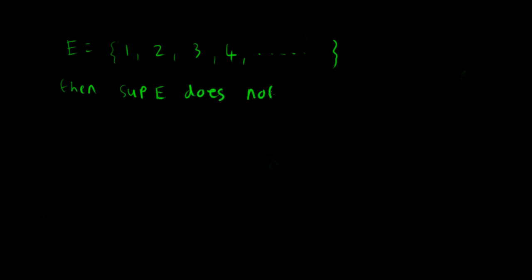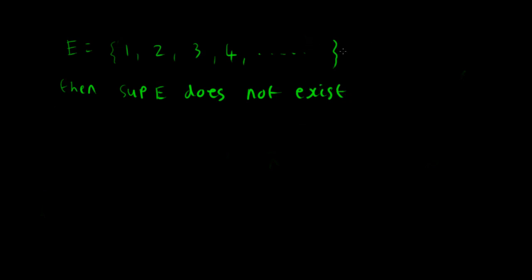So if I took E is equal to 1, 2, 3, 4, forever, so it's all positive whole numbers, then the supremum of E does not exist, because there is no upper bound, is there?